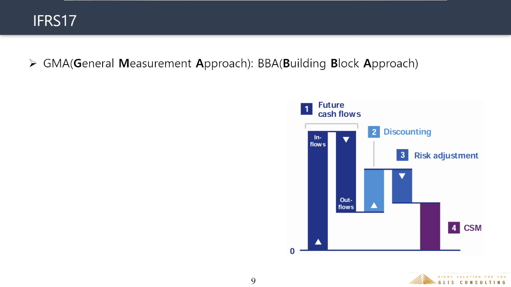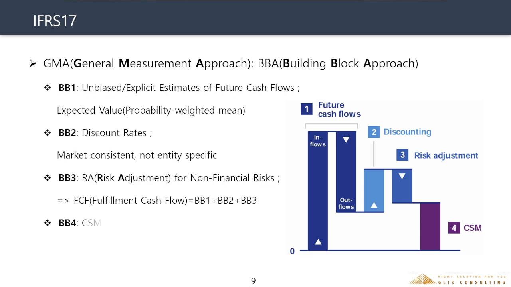I also covered briefly that in IFRS 17 there is a measurement approach that is suggested, and people just call it that because of the features provided in the standards. It is called the building block approach, right? It's like a Lego.